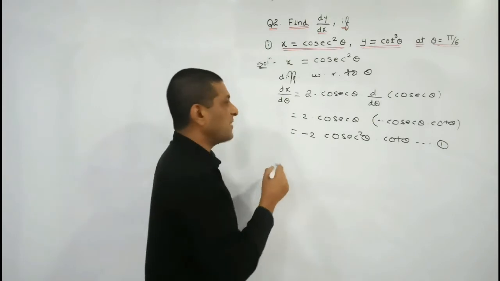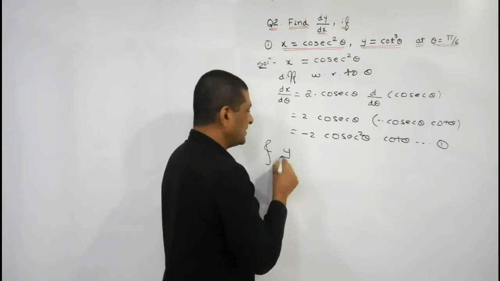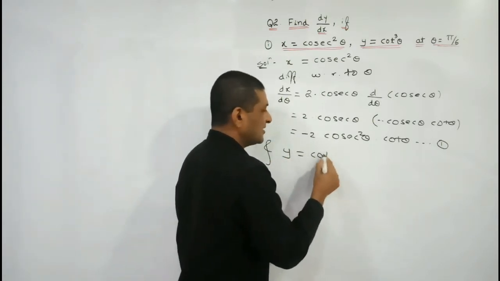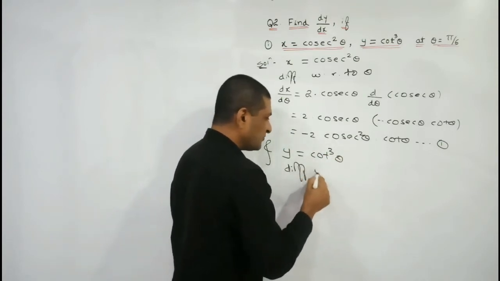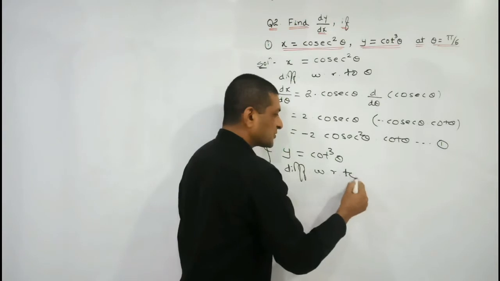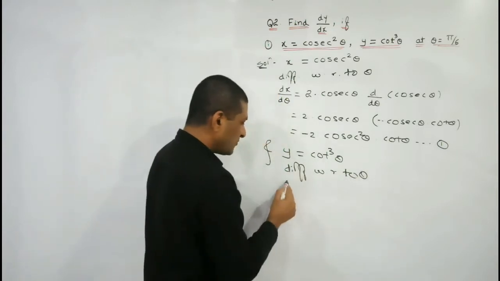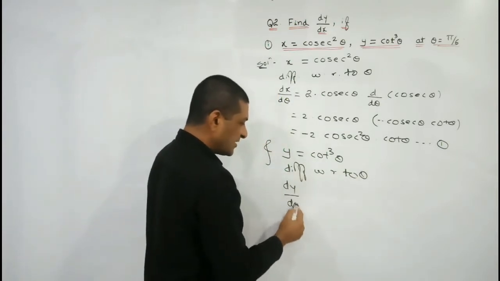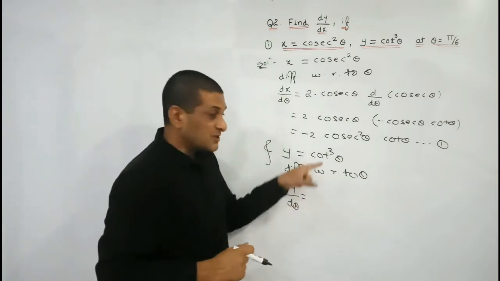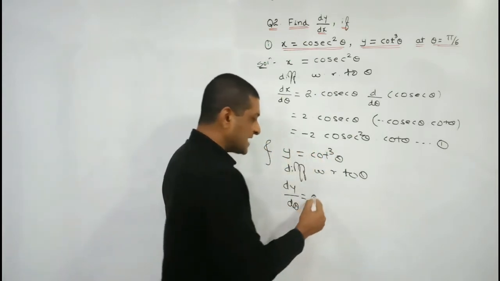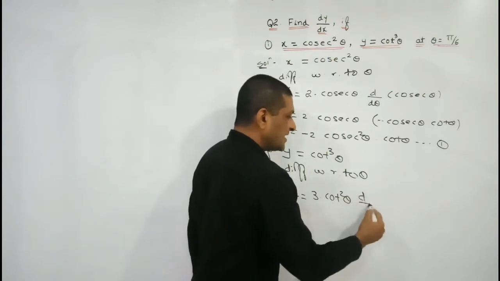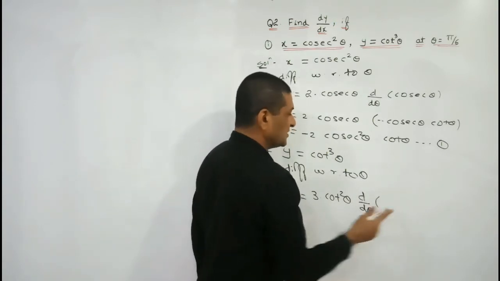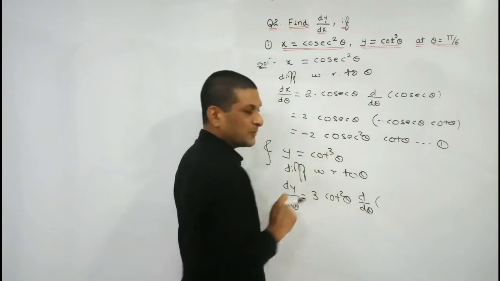Now we are considering the value of y, and y will be equal to, what is the value of y here? Cot cube theta. We are differentiating it with respect to theta. So the derivative of y with respect to theta is denoted by dy by d theta. First take the power of cot theta as a coefficient, then decrease its power by 1 into the derivative of cot theta, because the function is in the form of f of x raised to power n.